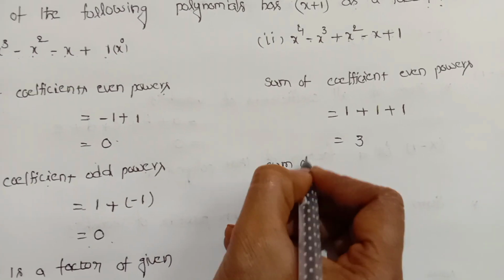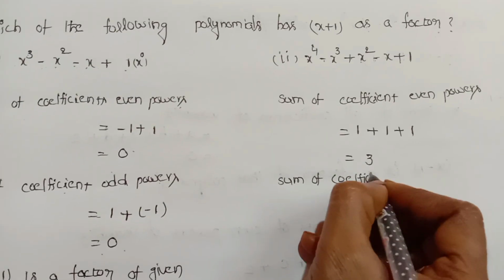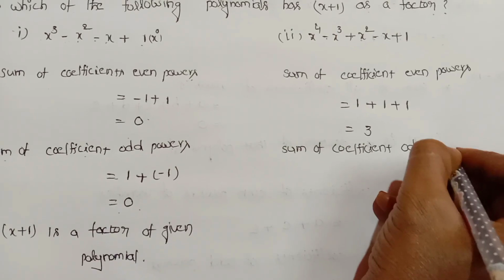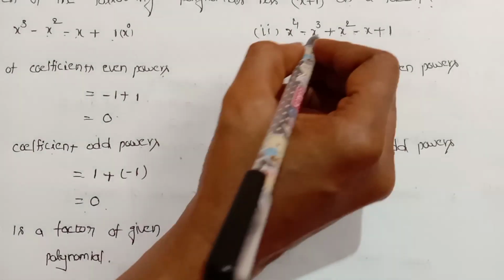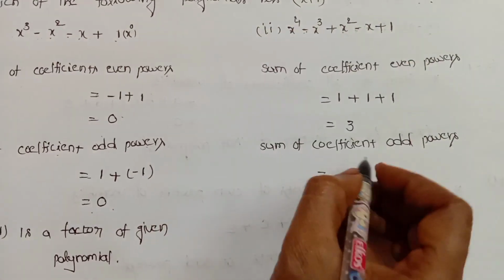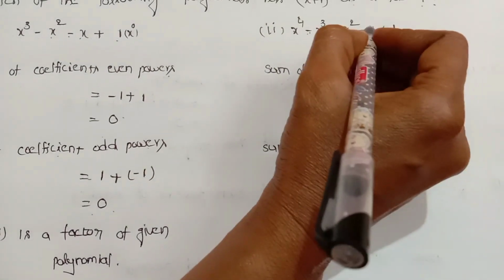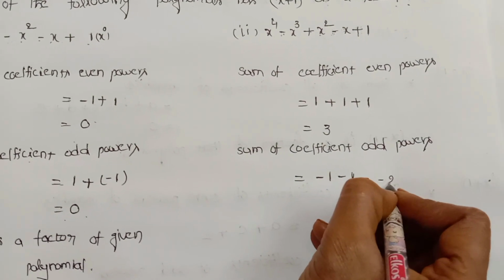Sum of coefficients of odd powers: x cube minus 1, here minus 1, that is equal to minus 2.